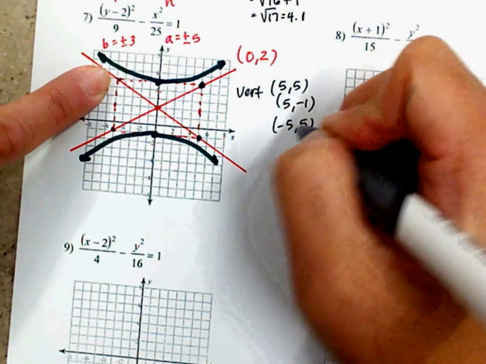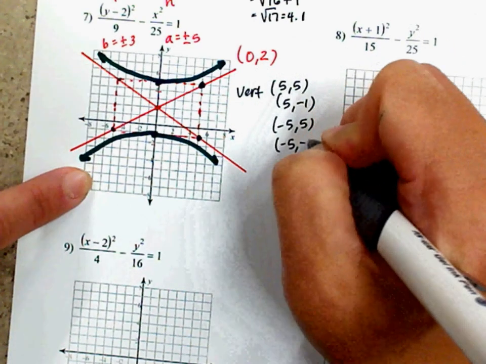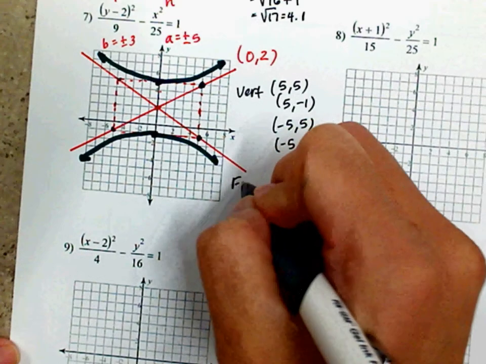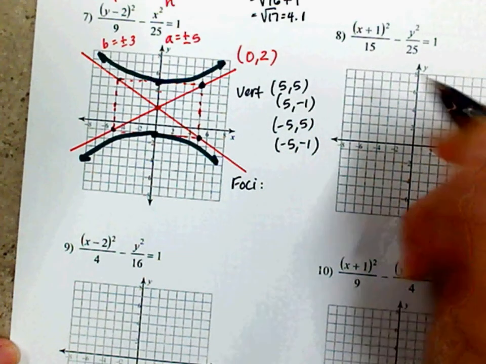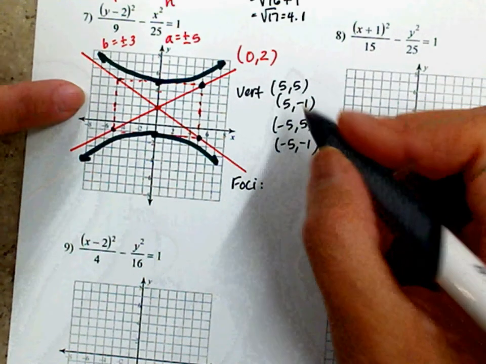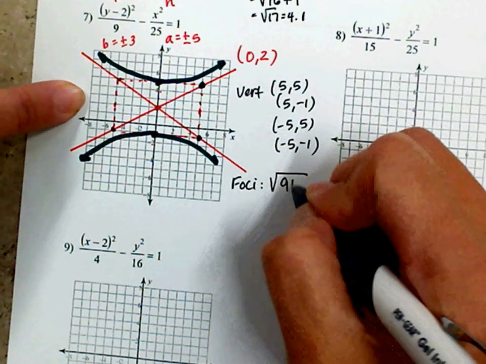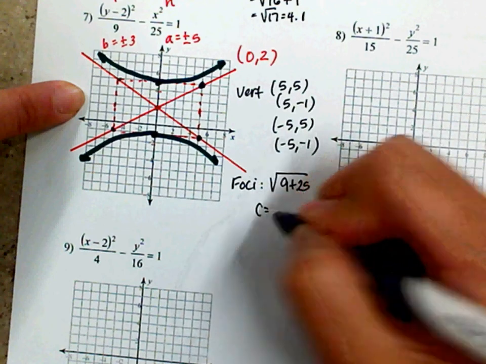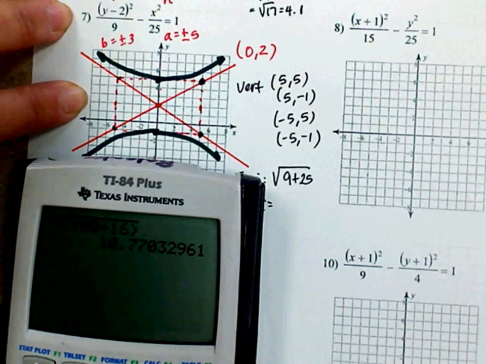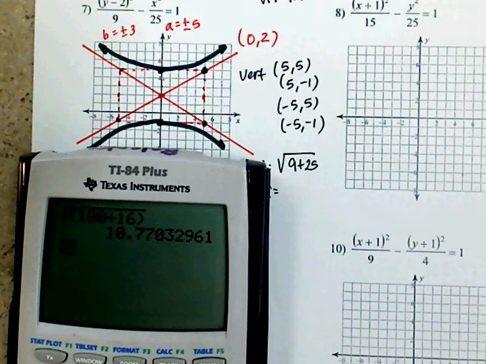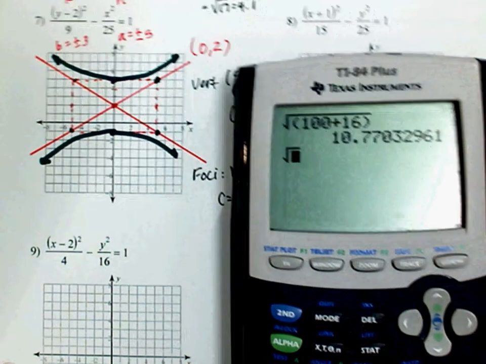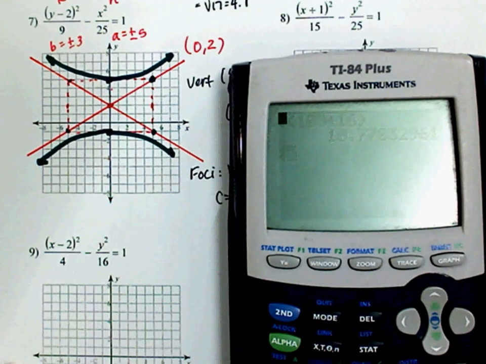Okay? Foci. So there's your vertices. So your foci is going to be square root of 9 plus 25. So C is equal to square root of 25 plus 9, 5.8.